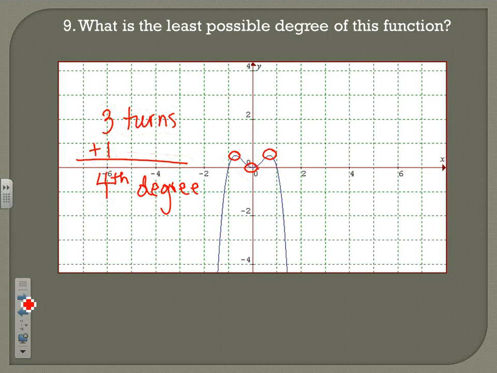Now, if you had to look at it and tell me something about that end behavior, they're both pointing down. So you know it's even, so that makes sense. What could you tell me about the coefficient if they're both approaching negative infinity? My leading coefficient must be negative. So what was the least possible degree of that graph? It had 3 turns. 3 turns plus 1 gives me the 4th degree.